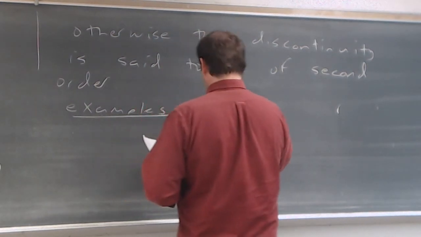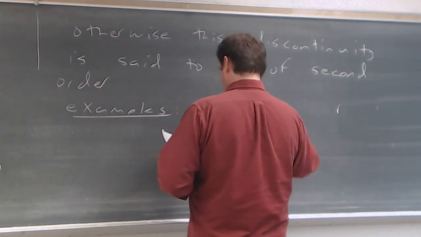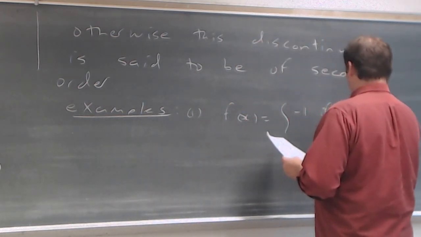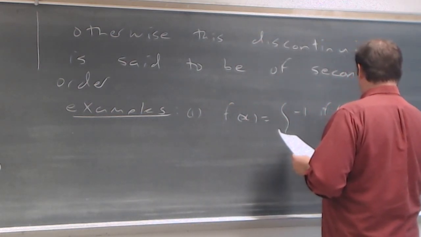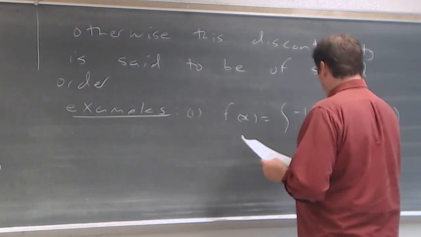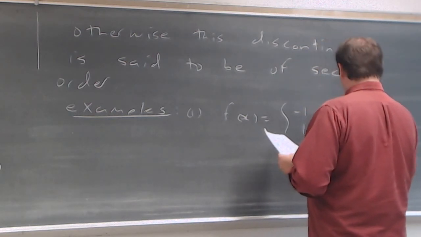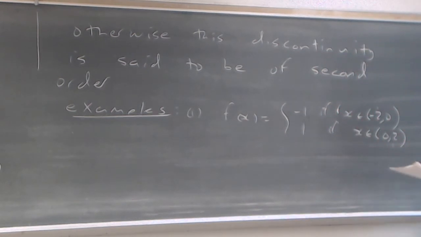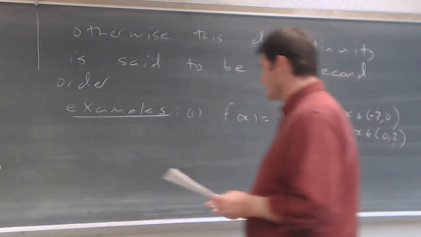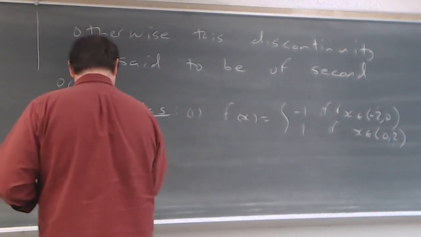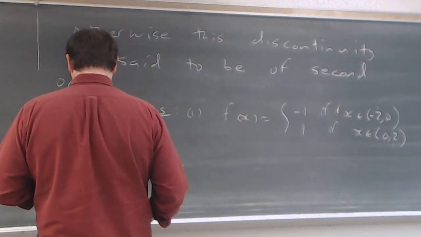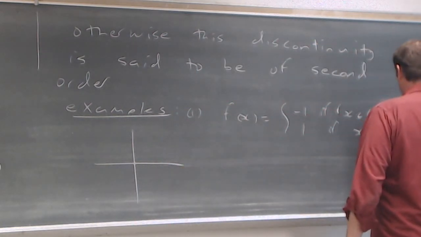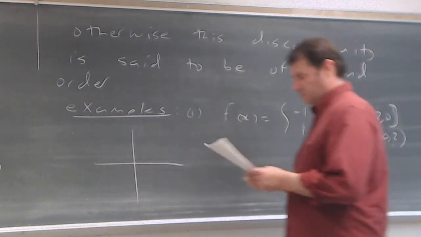The first example we look at is we'll define f of x to be equal to minus 1 if x is an element of minus 2 to 0, and 1 if x is an element from 0 to 2. I'm sorry, I want it to be defined at 0, so I can have this closed.